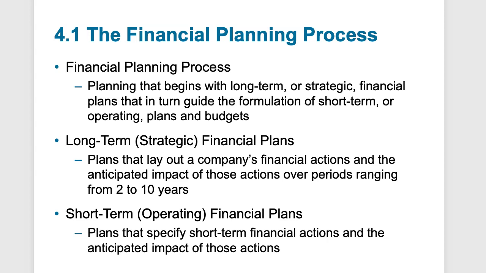So operations can decide how many factories will be employed and how many products will be built, and then finance needs to figure out if they can fund the capital budgets for all these investments and the manufacturing of all these products for sale. So everybody in the company has to communicate with one another and build a plan together that focuses on where the company is going.